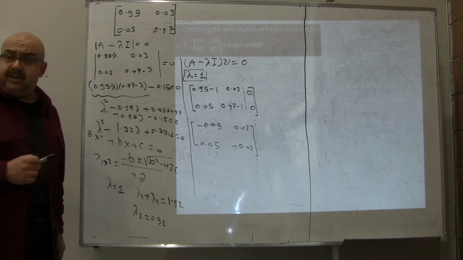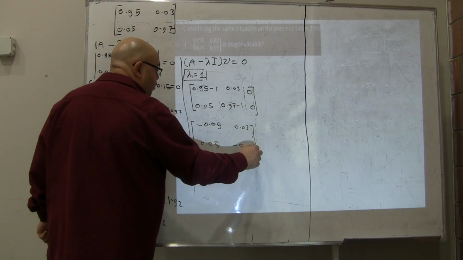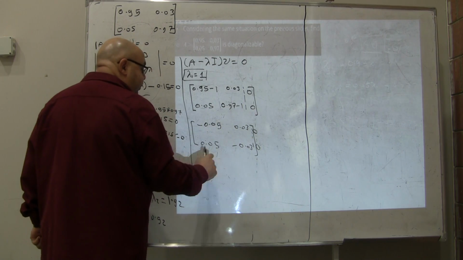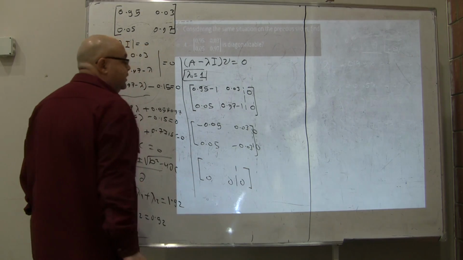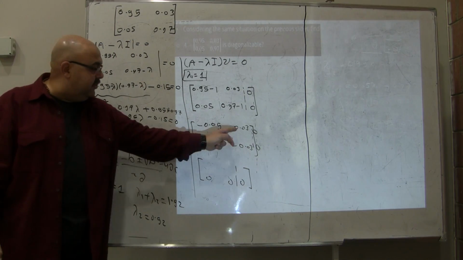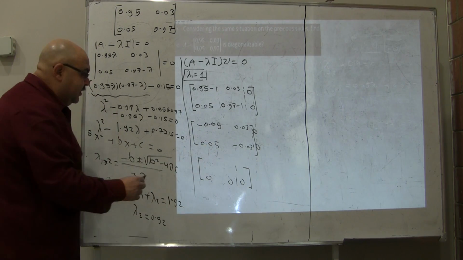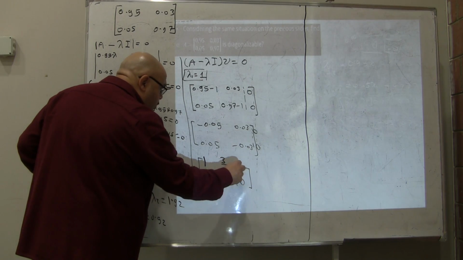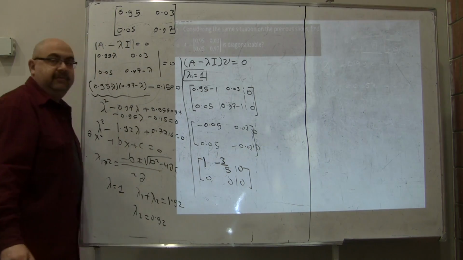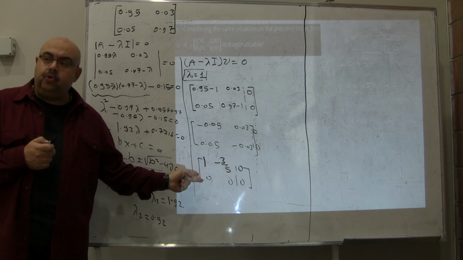If you remark on these numbers, the first row is identical to the second row. So if you add them together, the result will simply be zeros. And if I divide the first row by negative 0.05, I will have 1 and negative 3 over 5 equal to 0. Which means my vector should obey this rule.